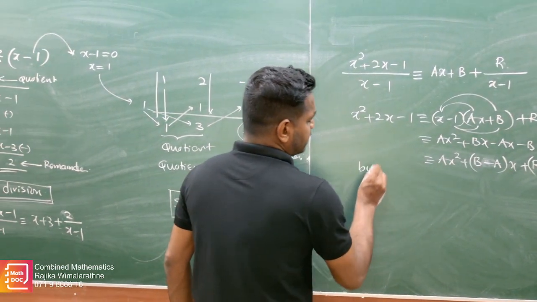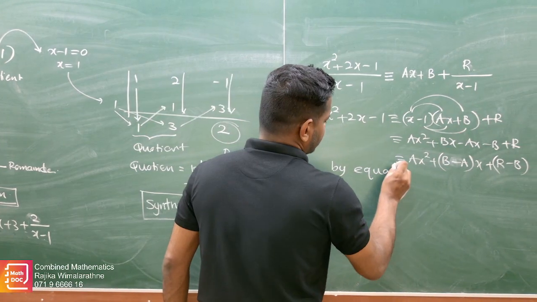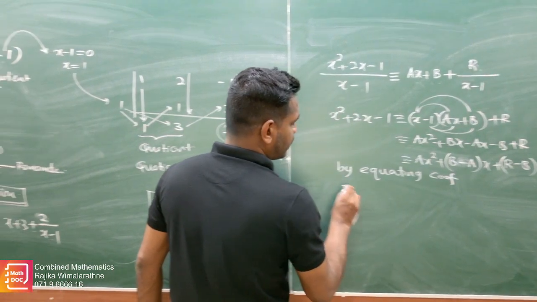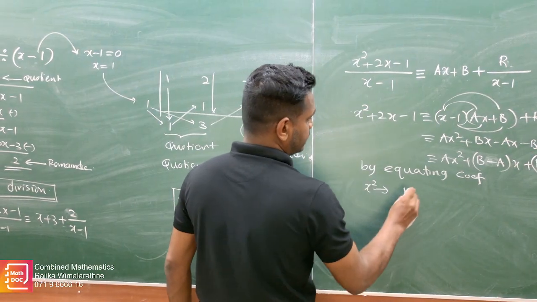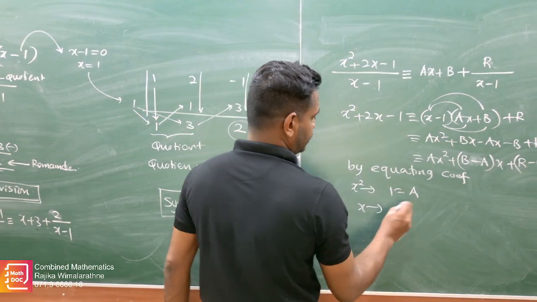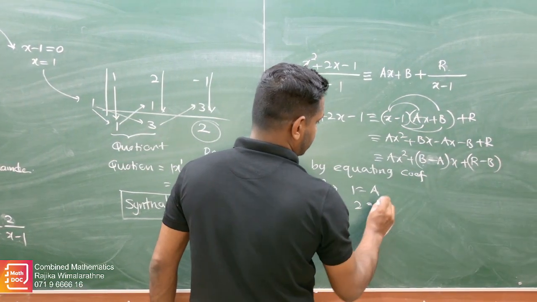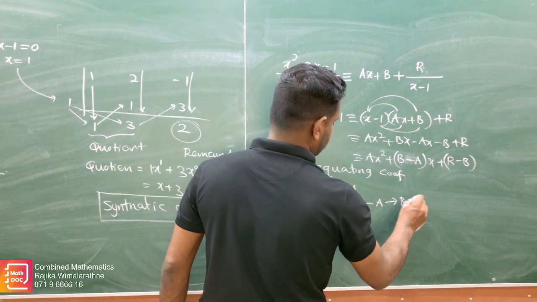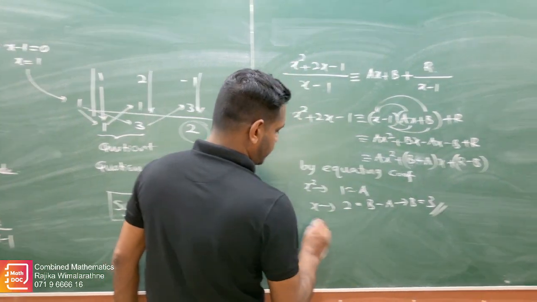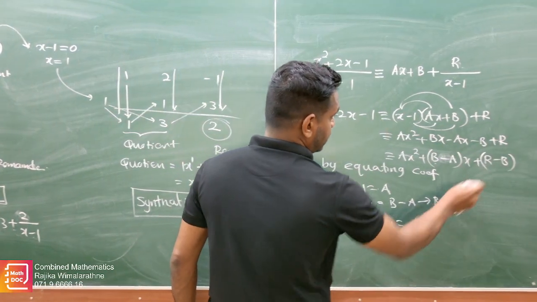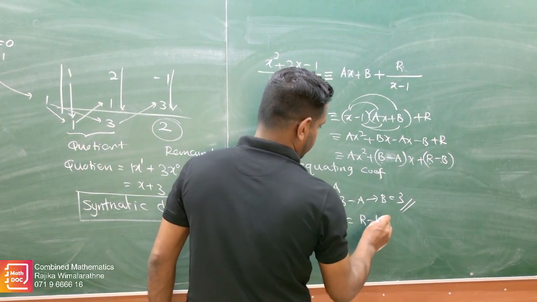Now equate coefficients. The x squared coefficient: here 1, so a is 1. The x coefficient: here 2, and here b minus a. We know a is 1, therefore b is 3. Then the constant: here minus 1, and here r minus b.